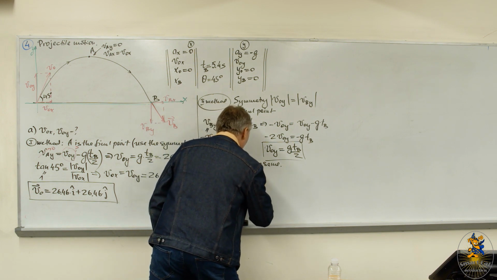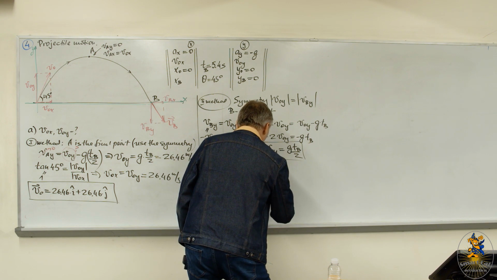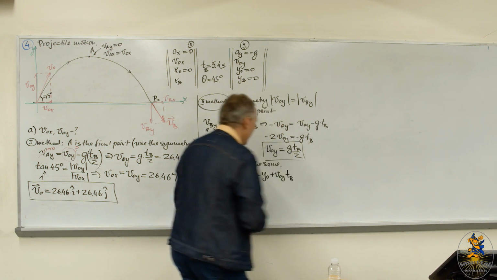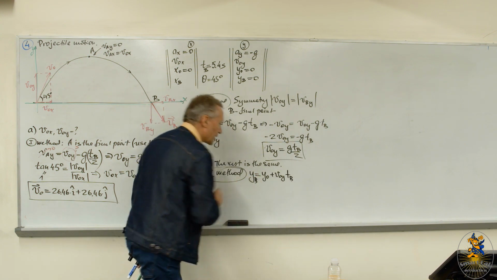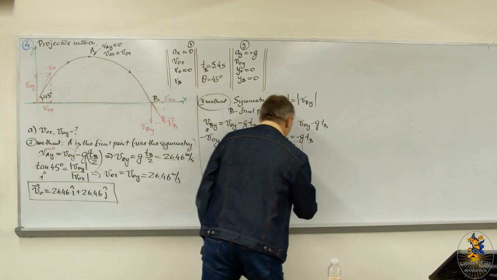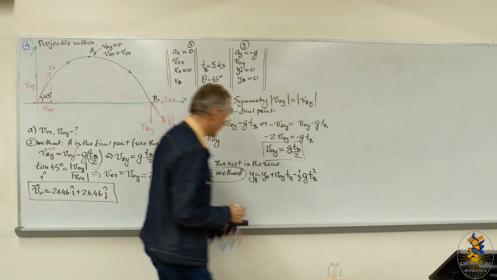So the equation now, I'm going to use y equals y naught plus v naught y t, and I'm going to use, again, point B as the last point, because we know the final y coordinate of the final point, and minus 1 over 2 g t_B squared.